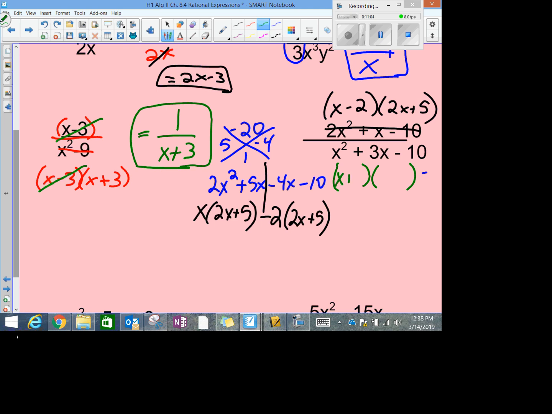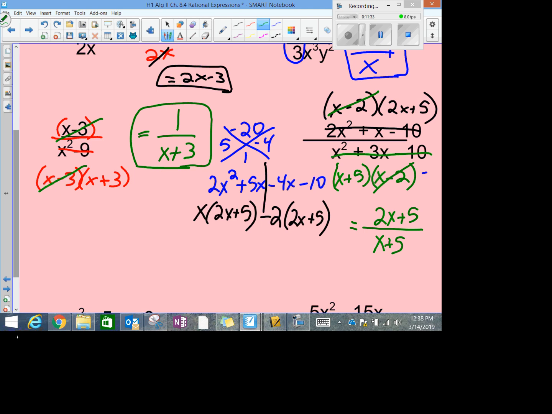So we get x plus 5 and x minus 2. So we go back to the top, back to the bottom. And now what can we cancel? So now we have to cancel complete families. X minus 2 and x minus 2 and nothing else, right? So our answer is whatever we have left. So we have 2x plus 5 over x plus 5.